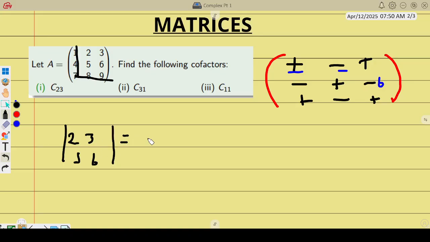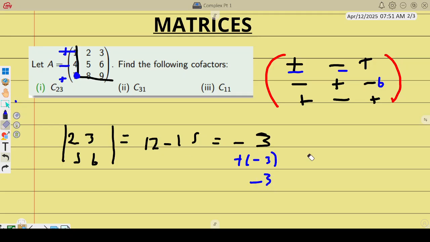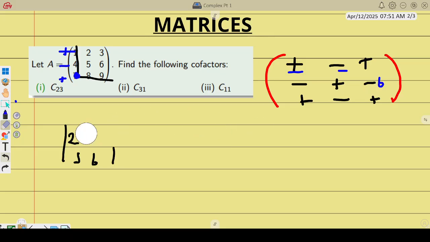This is 6 times 2, 12, minus 3 times 5, 15. This is negative 3. Now, what is the position of this? They're intersecting here. We are starting with plus, minus, plus, so here we have a plus, meaning outside we are going to have a plus, negative 3. So this is negative 3. Are we getting the idea?